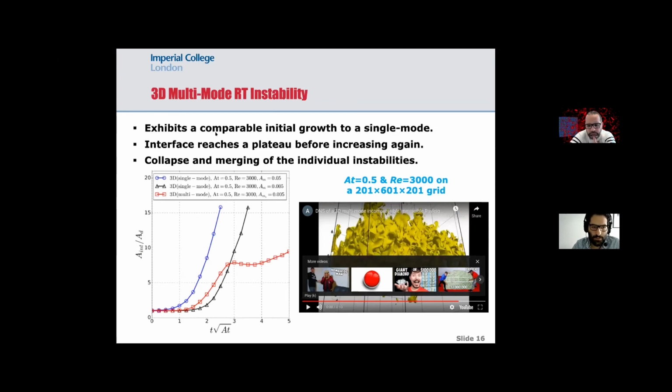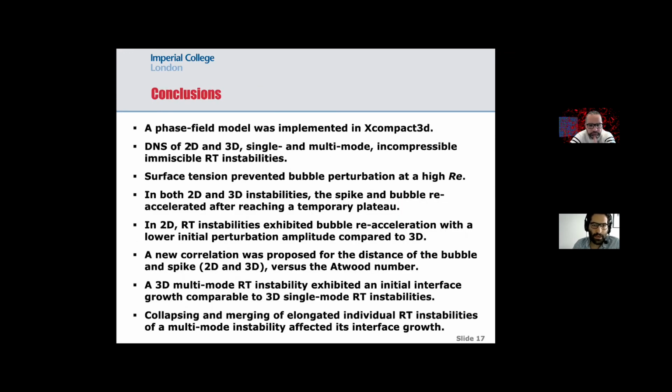And the conclusion here is that we developed a phase field model and implemented it in X-compact 3D. We studied the two-dimensional, three-dimensional, single mode and multi-mode incompressible immiscible Rayleigh-Taylor instabilities. We realized that the surface tension can have a significant effect. When you have a high Reynolds number, it can suppress the instabilities.